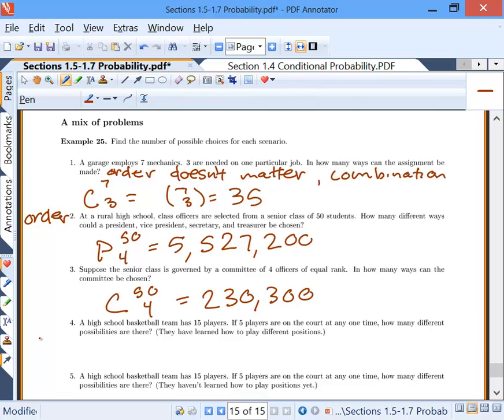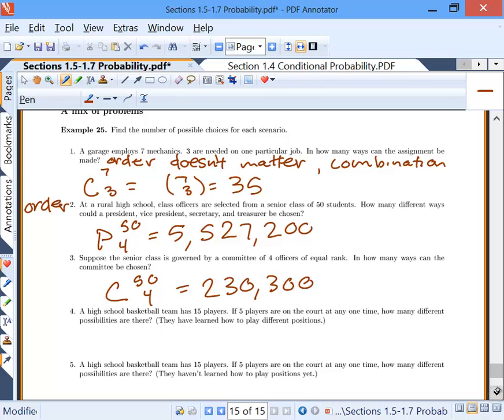If one person's a guard and one person's a forward, does it matter if you switch the positions? Is that a different possibility? It's the same set of 5 players. I guess this is one that I would not put on the test because it's not obvious. Between 4 and 5, which one sounds like order should matter more?